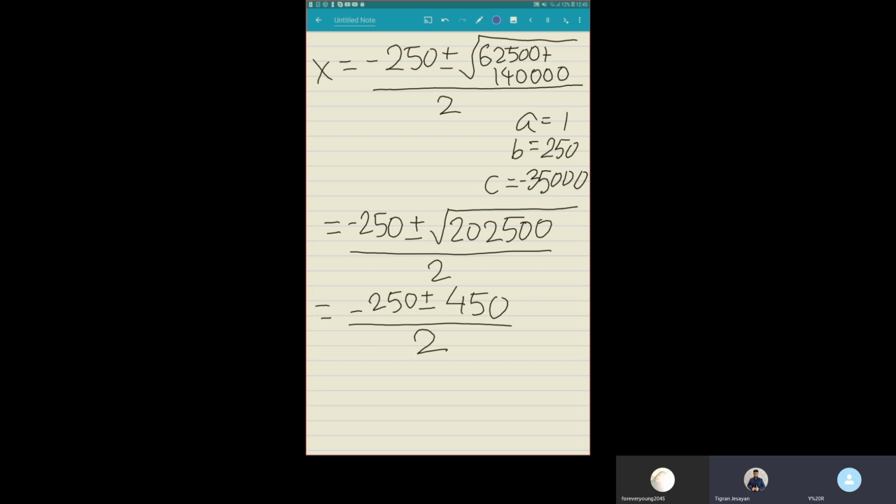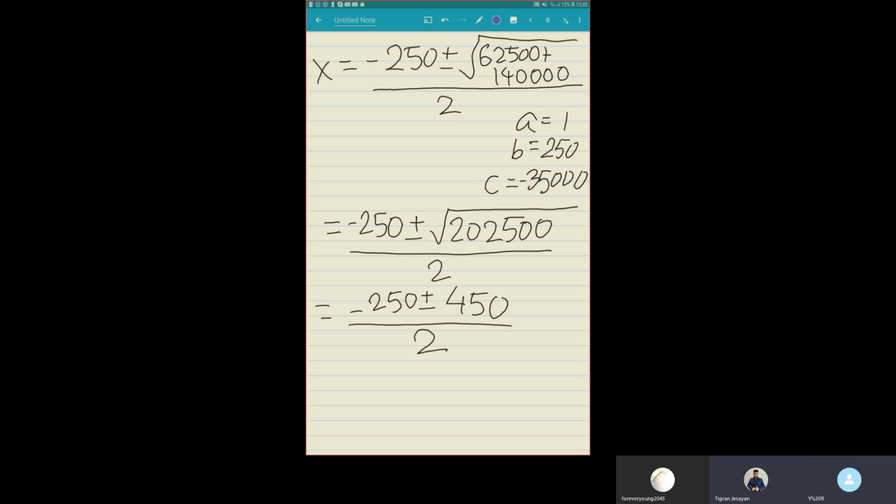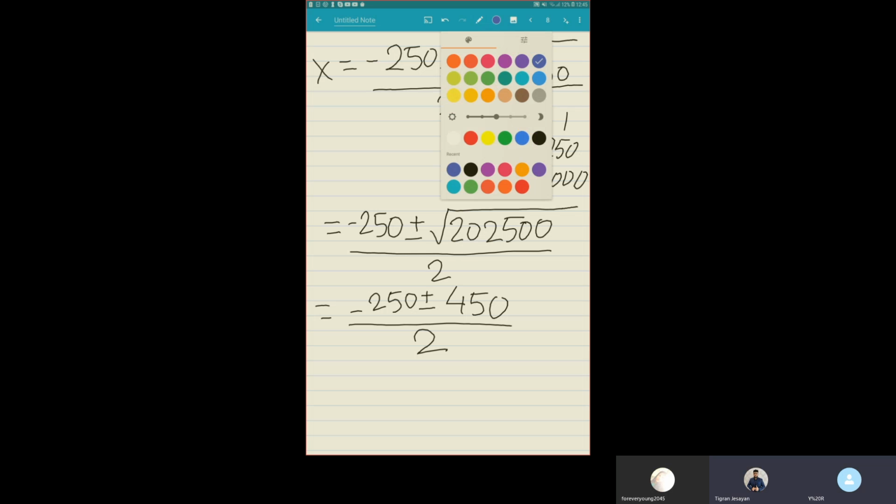Then either your A is negative or C is negative. C is negative. So that means you are multiplying minus 4 by negative C. Then it becomes plus.